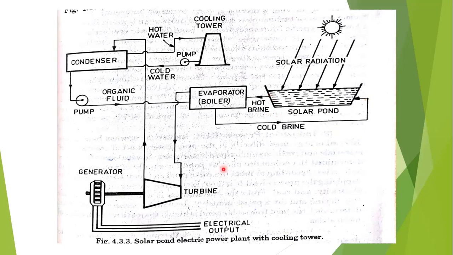This is the generator, and this is the turbine shafted to the generator. If the turbine moves, the generator works and produces electricity. This is the evaporator or boiler. This is a cooling tower, pump, condenser. So I will explain the Rankine cycle now.